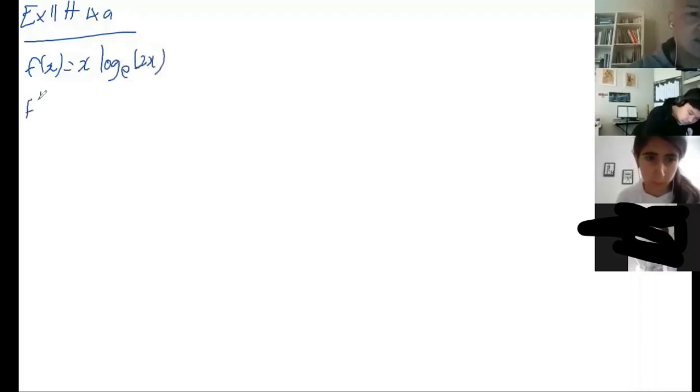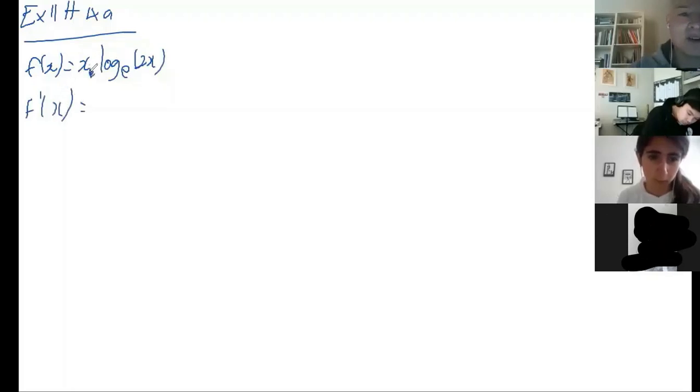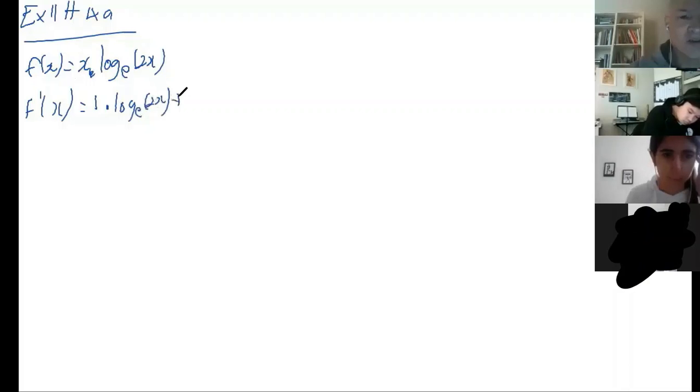F dash of x. Okay, well I have a product here. This is times this, that's a product. So differentiate one, leave the other. I'm going to differentiate the first one. Derivative of x is 1 times, leave the second one, log e of 2x. Plus, swap them around. Leave the first one, x, times, differentiate the log e of 2x.